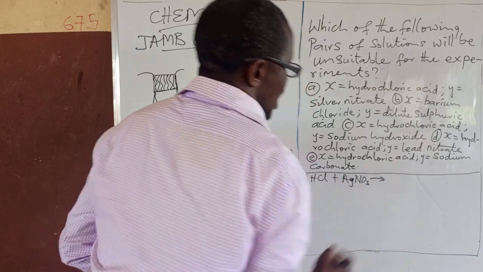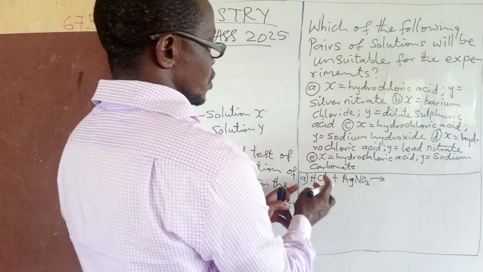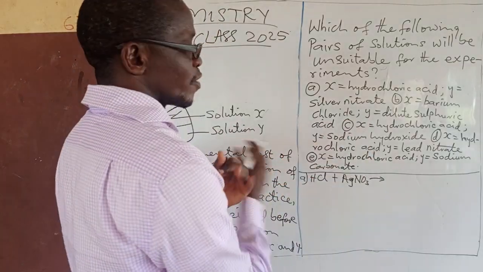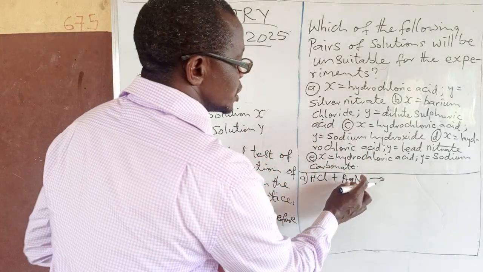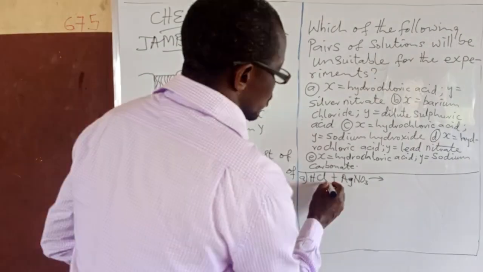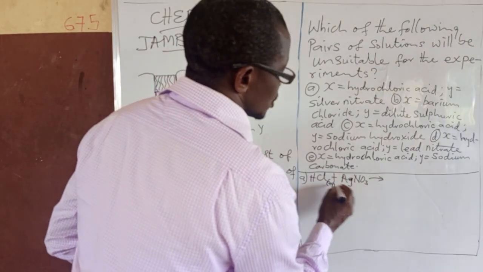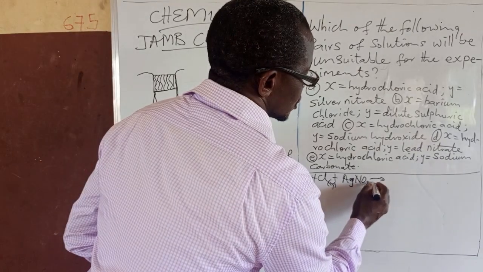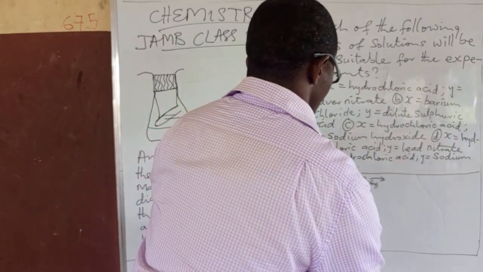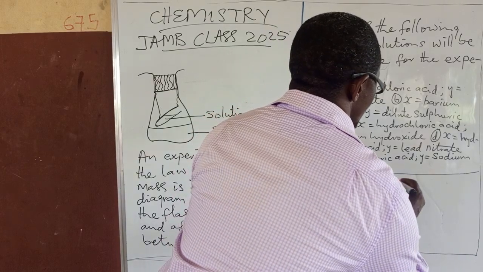AgNO3. When you react, you will have double decomposition and then the radicals will be swapped. Then Ag here will take Cl. This is aqueous since they are solution. Now, after the reaction, you have AgCl.